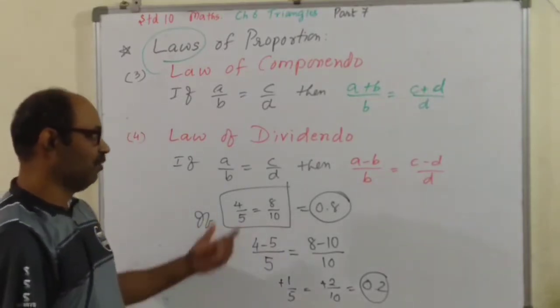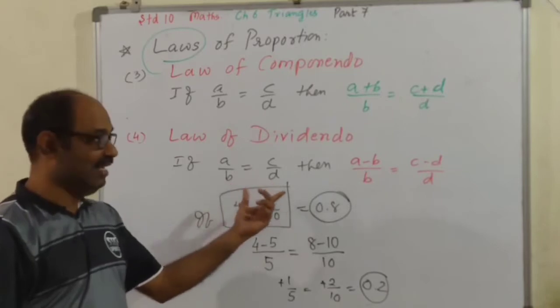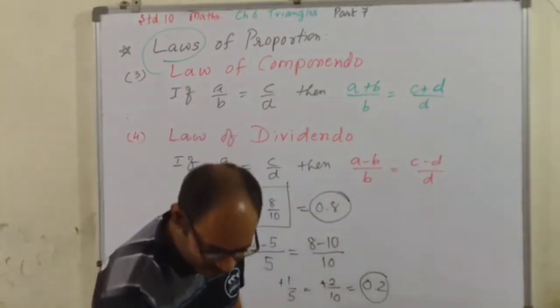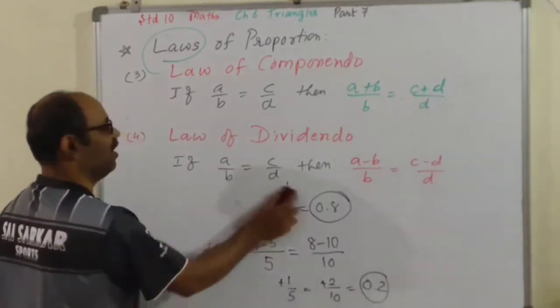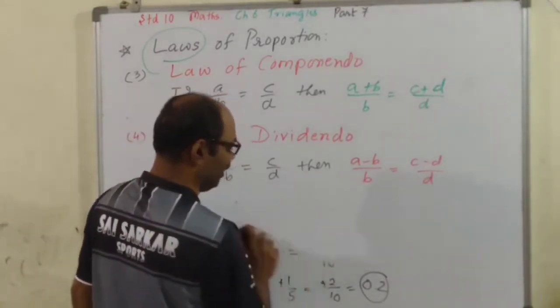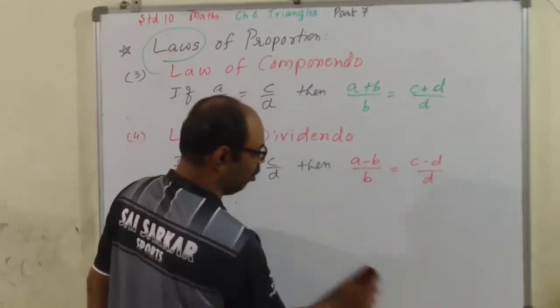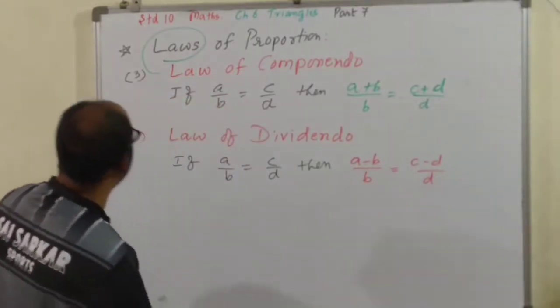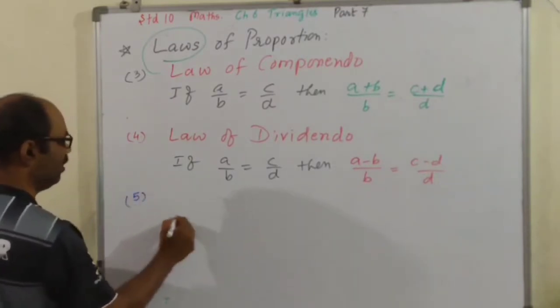But one thing you must observe here as well. B and D, the denominators, remain the same. Now the next one is where numerator and denominator both are changing. Let's see. It is the last law, the fifth one.